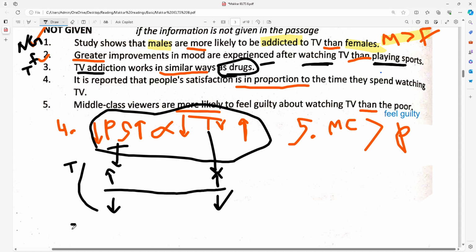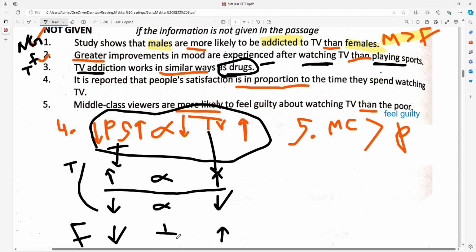Now, if we apply critical analysis, and we have to always think critically, it is going to be false in that case when TV viewing hours, the more time we spend on TV, actually decrease our satisfaction. Only in that case it is going to be true. In the true cases it is going to be directly proportional.